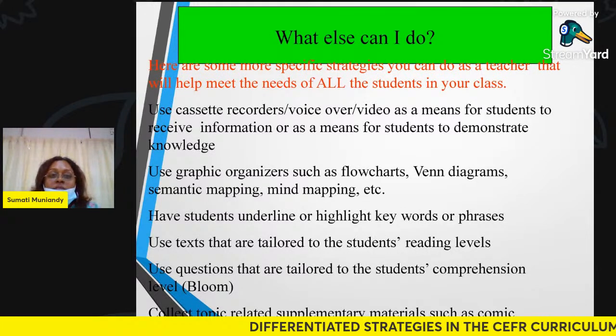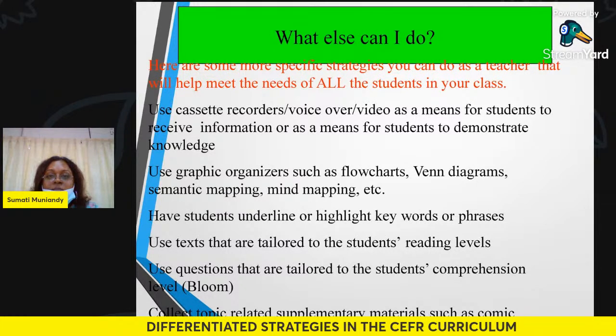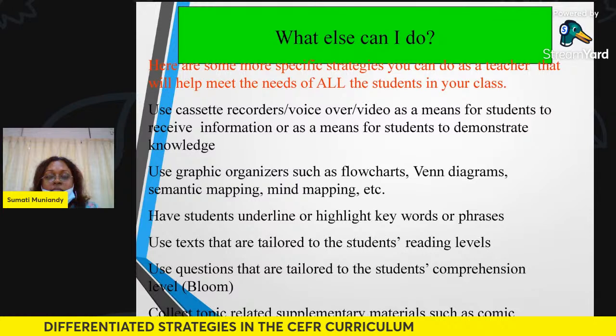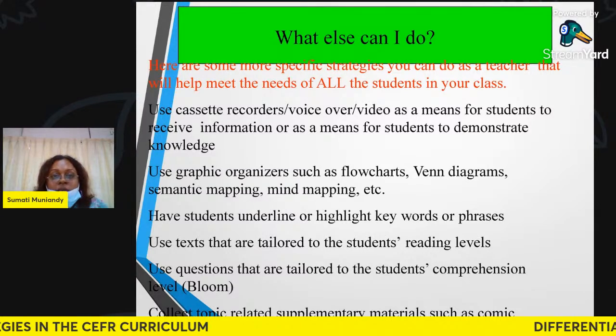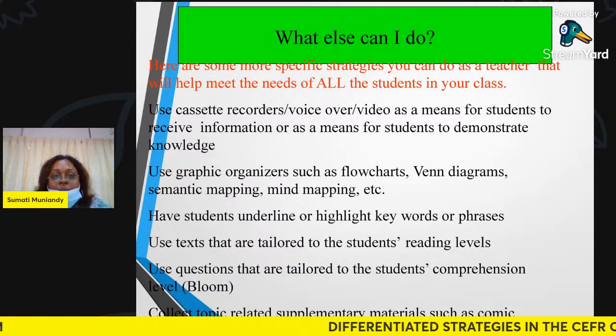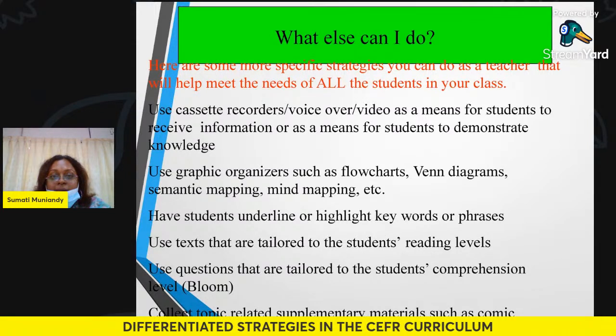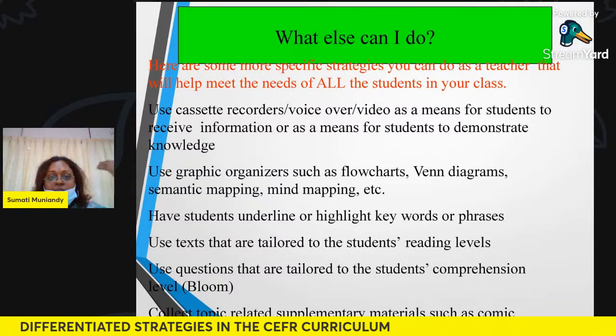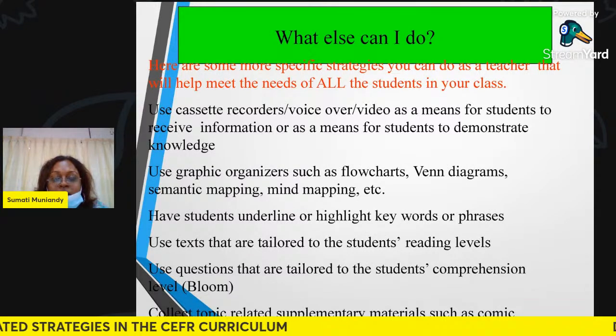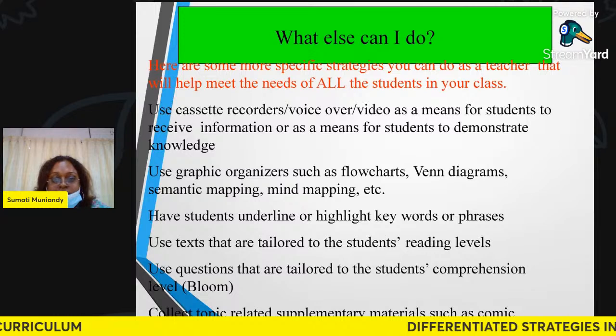Yeah, use voice overs, videos as a means for students to receive information or as a means for students to demonstrate knowledge. Graphic organizers, Venn diagrams, mind map, and all that. Right? Have students underline or highlight keywords or phrases. Right? This can be done for the slow learners.